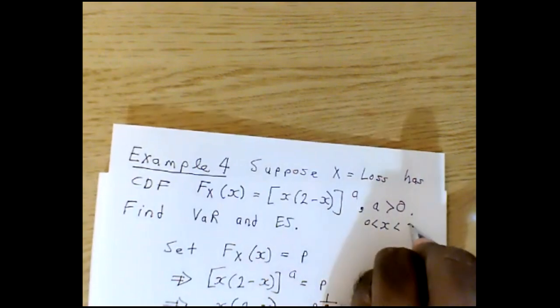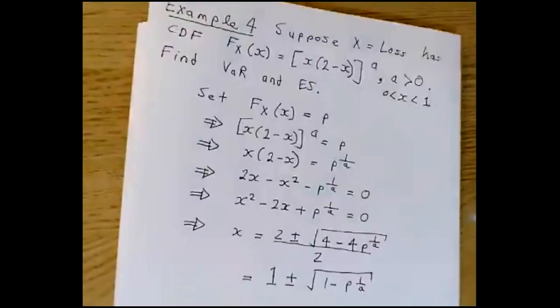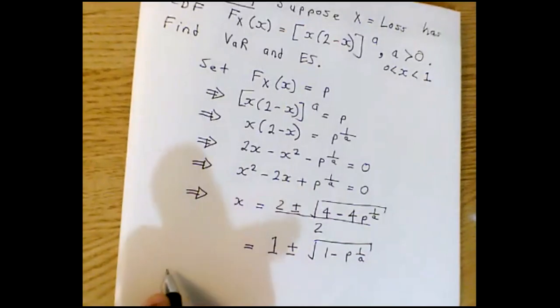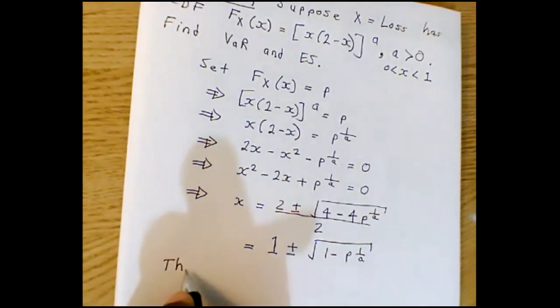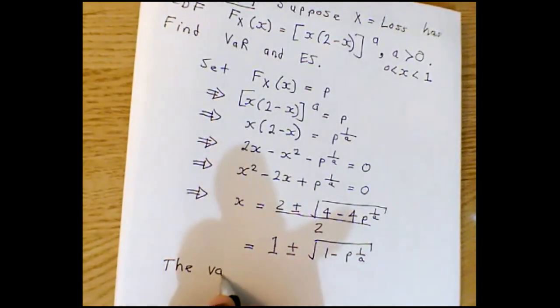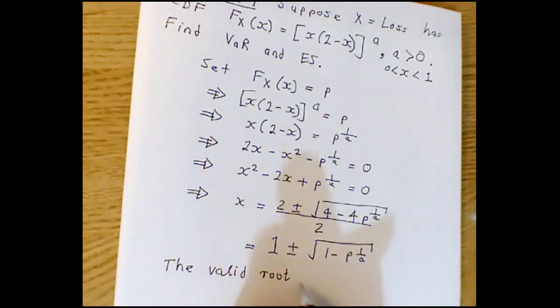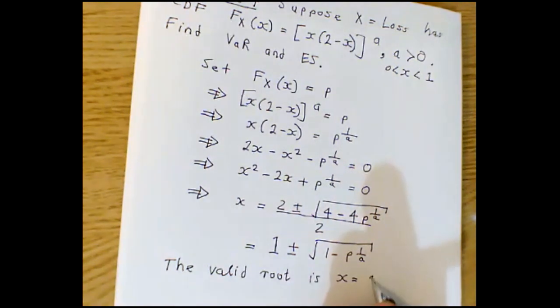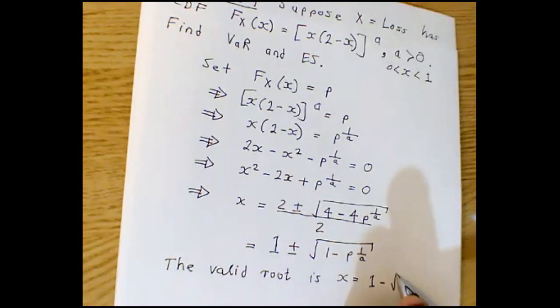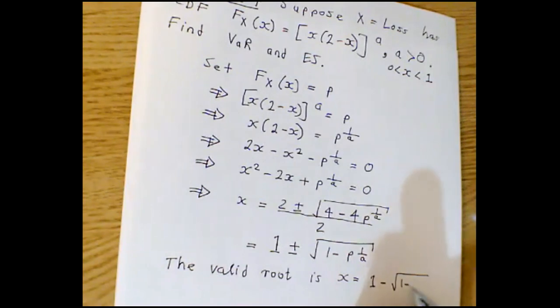So the valid root is the one with the minus, right? So it's x equals 1 minus the square root of 1 minus p.